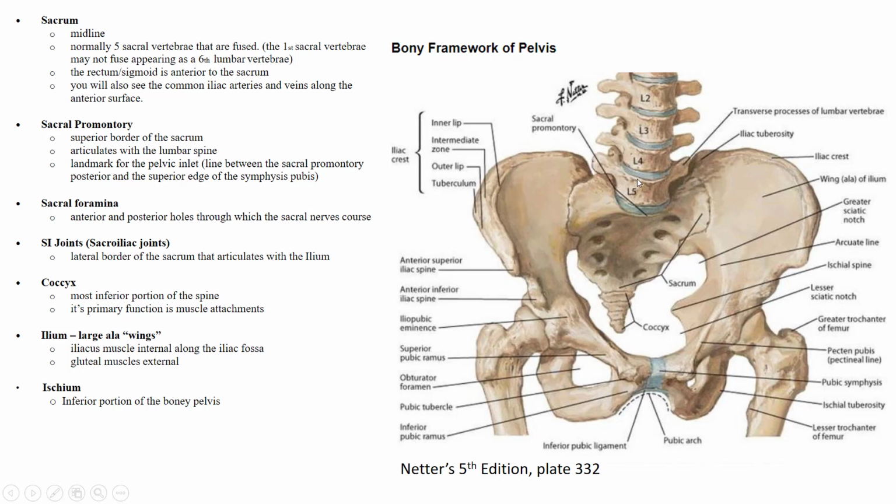And the lumbar has 5 vertebrae, and the sacrum are then 5 fused vertebrae, so it looks as if it's one bone. Sometimes this first one is not fused and may look like a 6th lumbar vertebra.